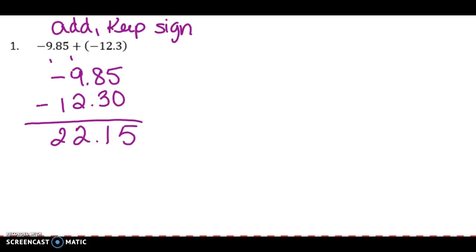Same signs we added, and we keep the signs since they were both negative. Our final answer is negative 22.15. So the same rules that apply to integers apply to decimals, and when you add or subtract decimals, you line up the decimal points.